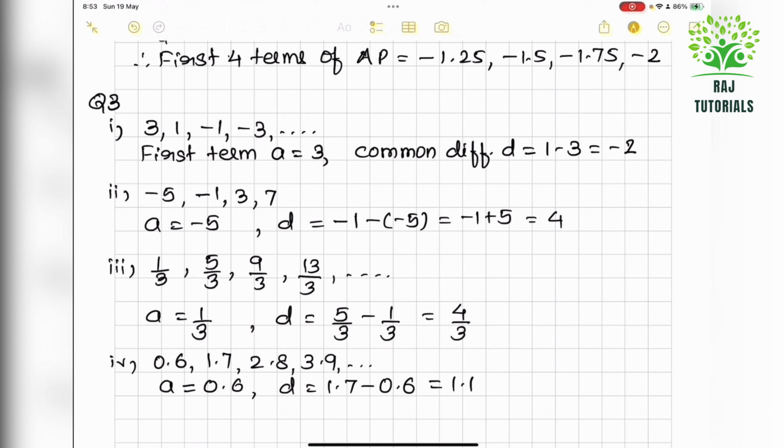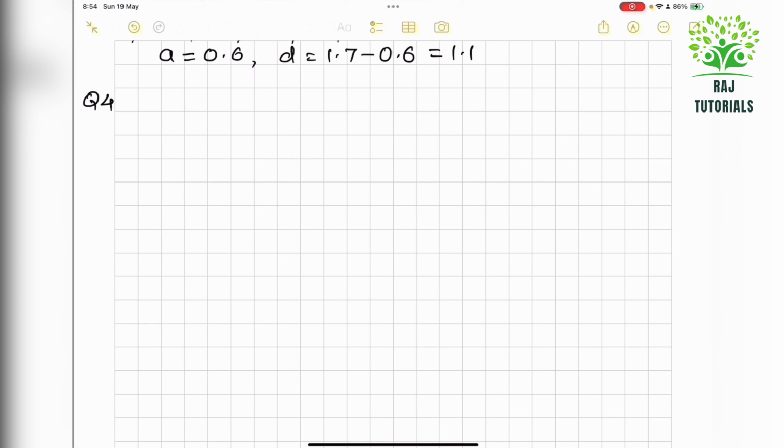Now question 4 says which of the following are APs? If they form an AP, find the common difference D and write 3 more terms. Okay. So here first one is 2, 4, 8, 16. So A1 is 2, A2 is 4, A3 is 8, A4 is 16.